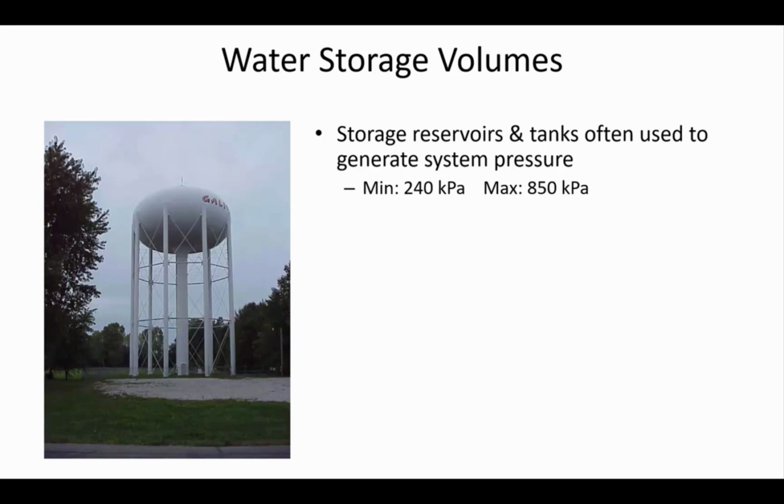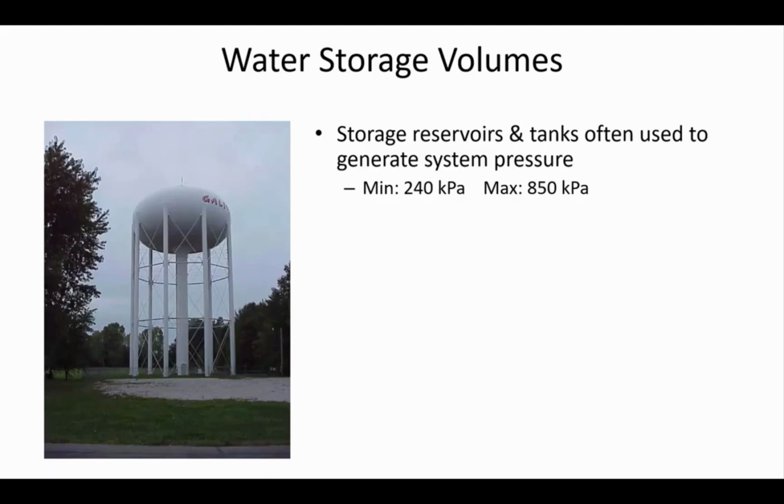And the other way to do that, though, without requiring any electricity, is to have an elevated storage tank. And so if you have a tank that's lifted up high enough, then that can pressurize the network, or at the very least it can reduce the size of the pump that's needed or how often the pump is required.